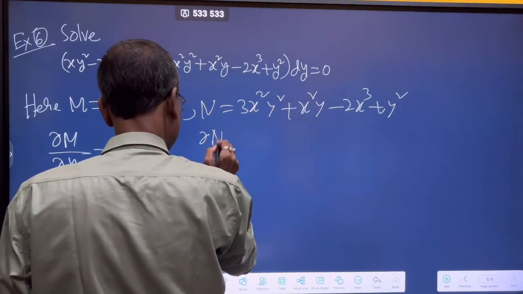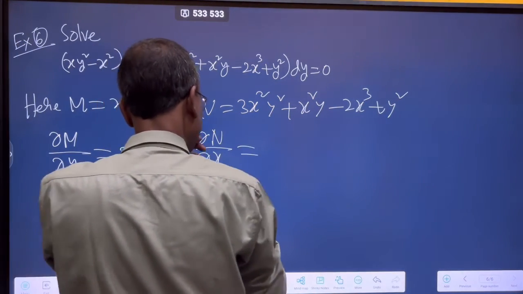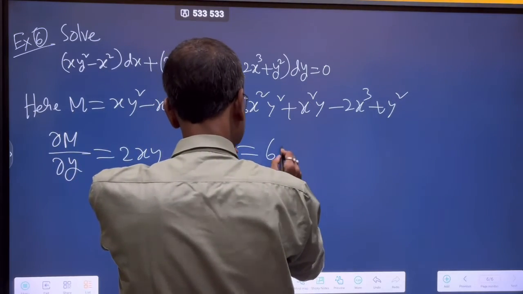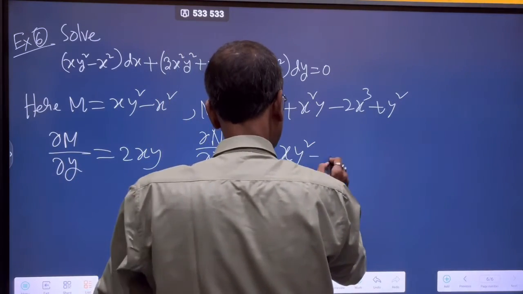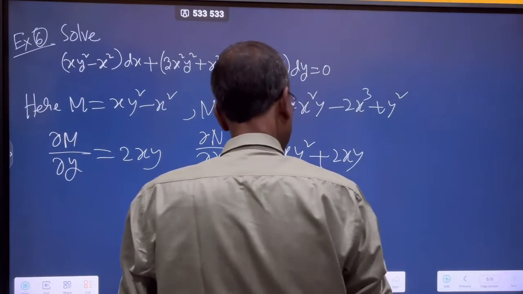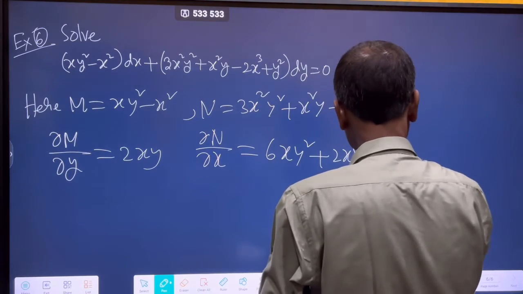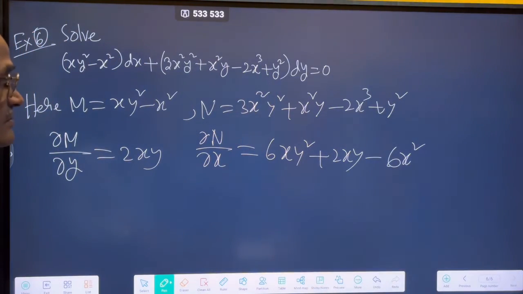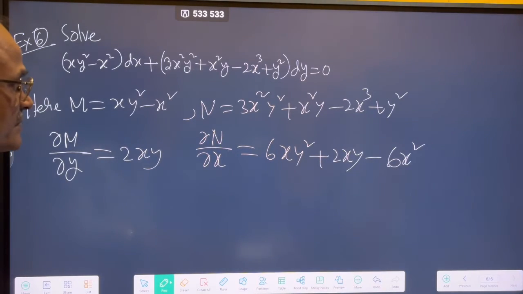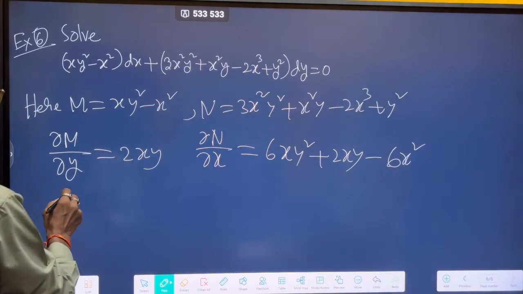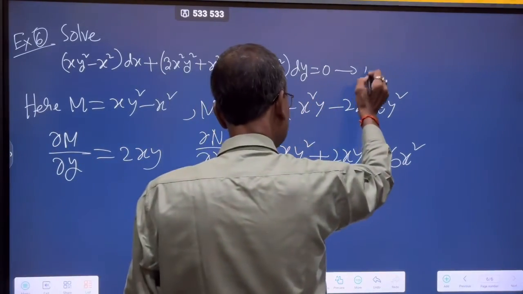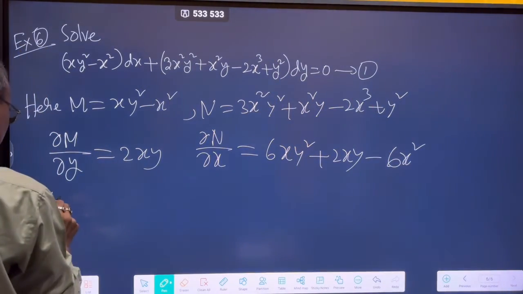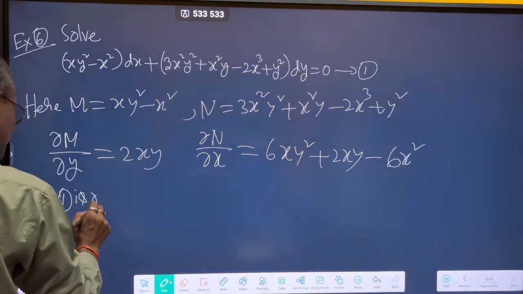Del N by del x equal to 6x y square plus twice xy minus 6x square. Suppose this is 1. Therefore, 1 is not exact.